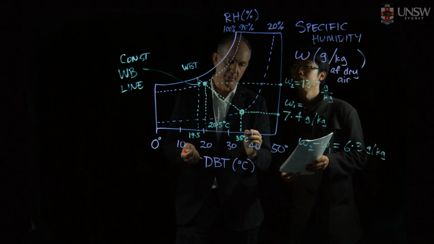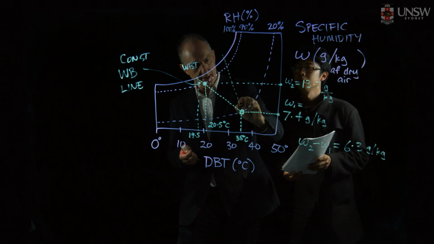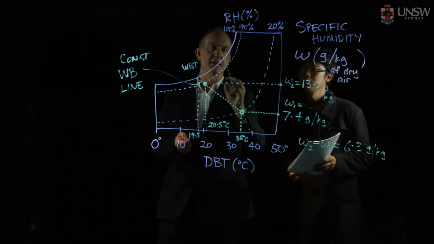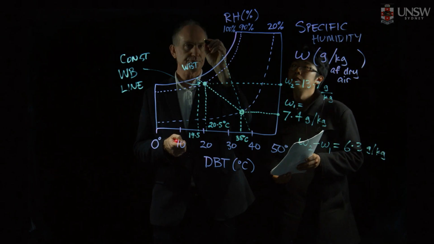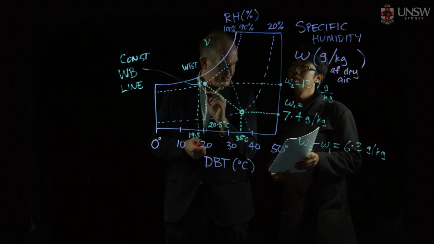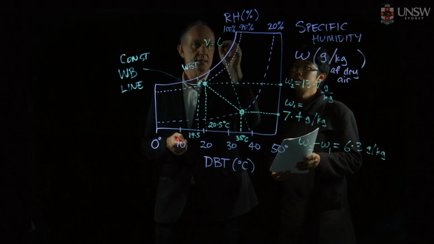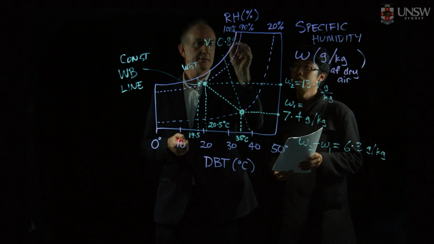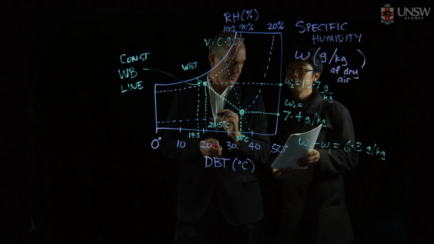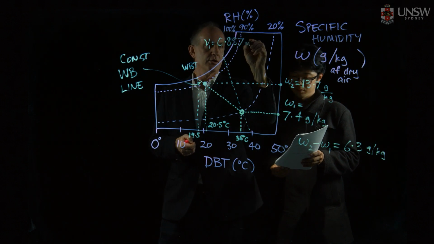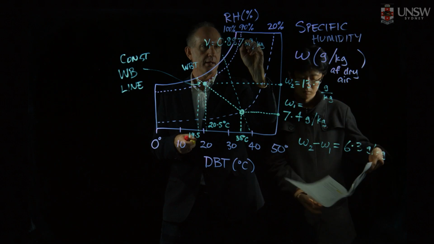Now there's lots of information on a psychrometric chart, but there will be a line, something like this, that will tell us that the specific volume at the inlet will be 0.887, making a mess of my chart here, but hopefully you can read that. Cubic meters per kilogram of dry air.